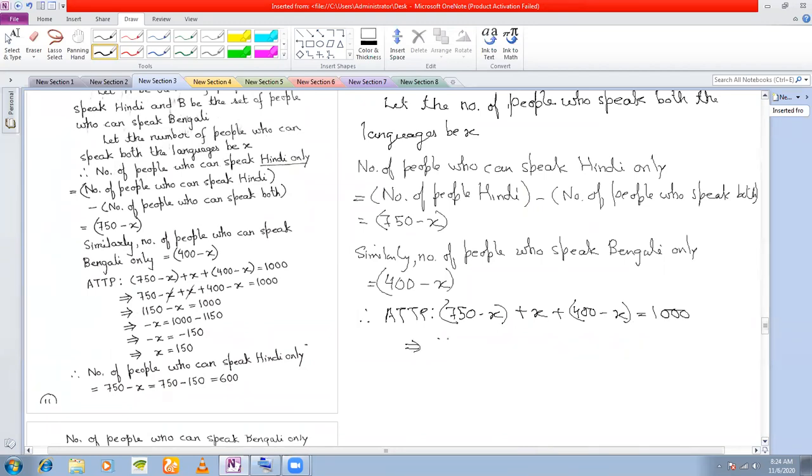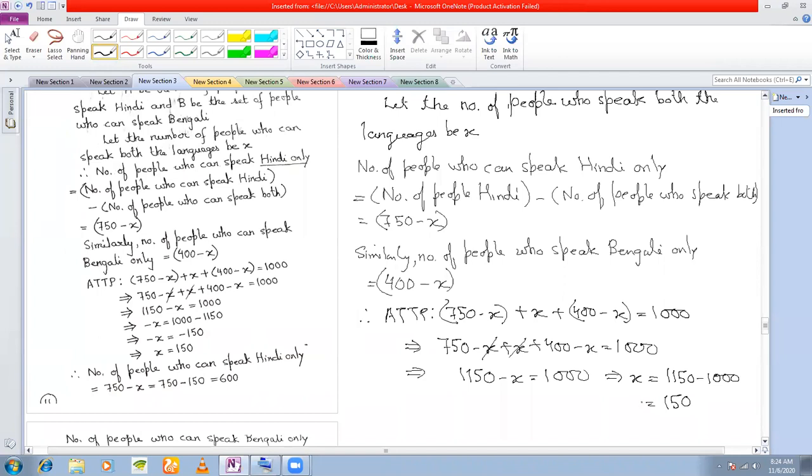Now you can solve this equation. That means this X will cancel. So you're going to get 1150 minus X is equal to 1000, and so therefore X is 1150 minus 1000, which is 150.